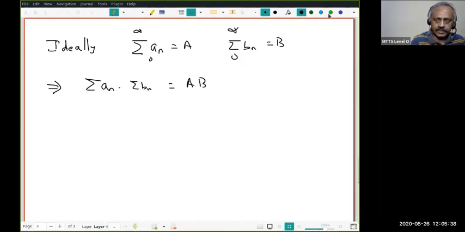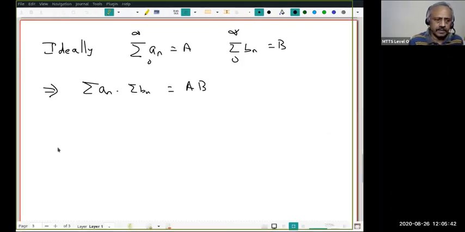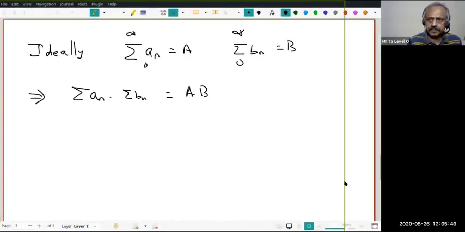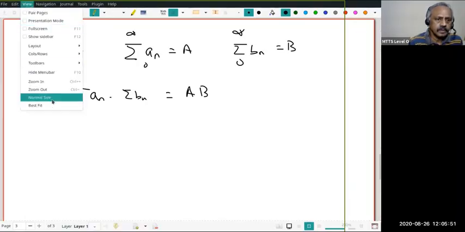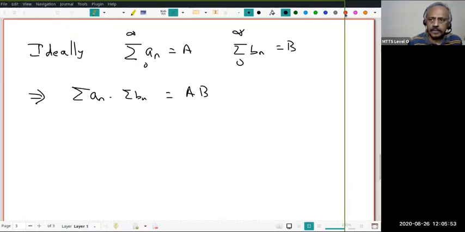There are two things. It should be convergent and the sum should be AB. This is what we want to know. Is that okay?